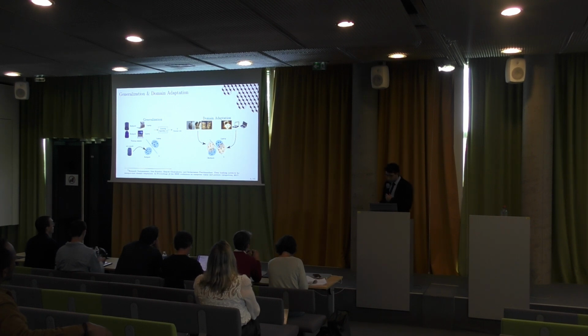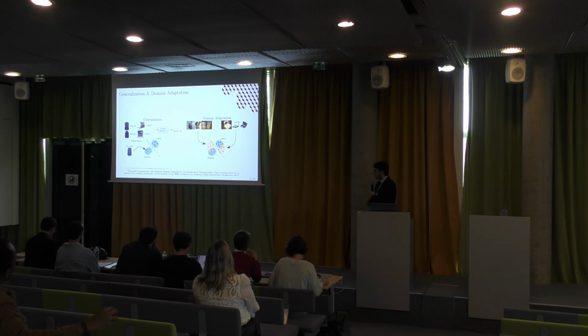But the problem is, oftentimes, machine learning systems are required to work well on data that does not quite look the same as your training data set. This is called domain adaptation. Here I'm showing you an example where I have images of laptops and backpacks that vary in terms of style, background, pose, and illumination.